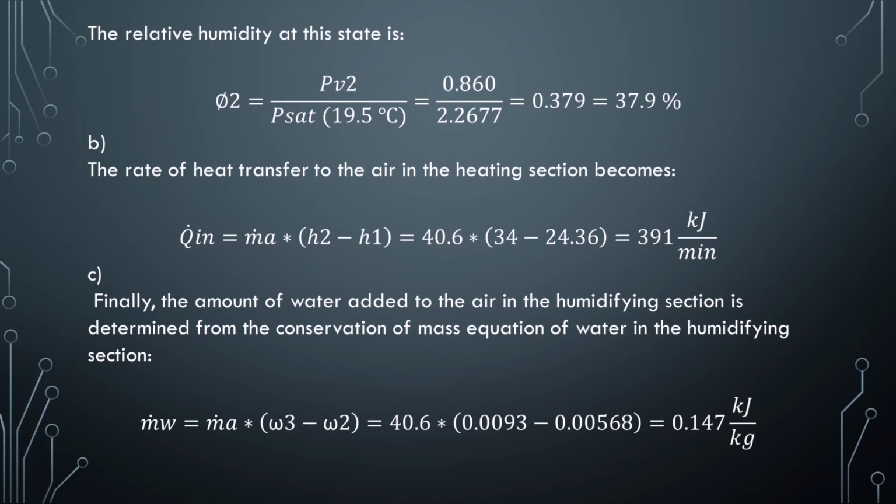this equation, and after replacing we get that this is 391 kilojoule per minute. And finally, the amount of water added to the air in the humidifying section is determined from the conservation of mass equation of water in the humidifying section.